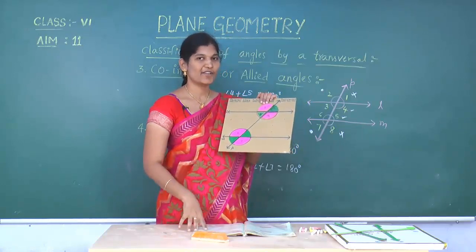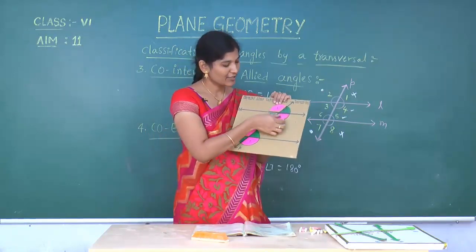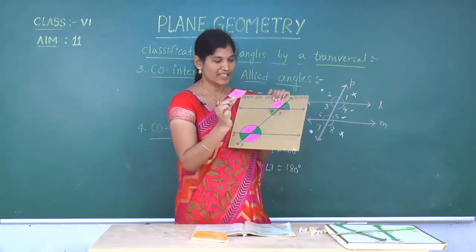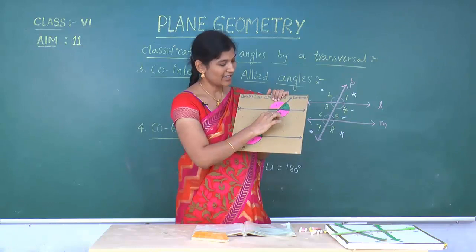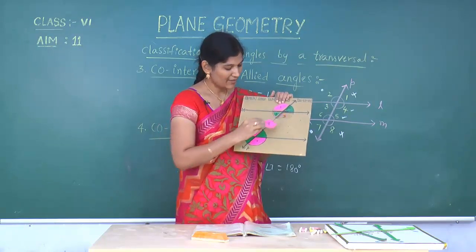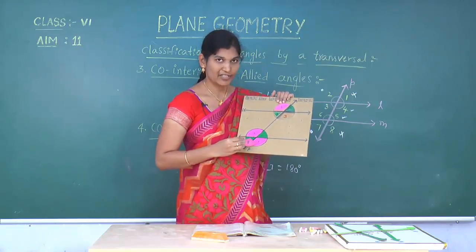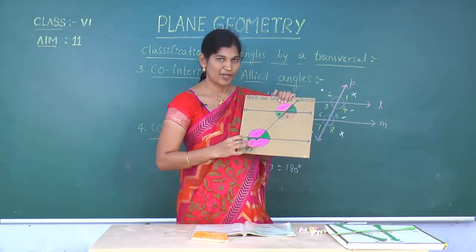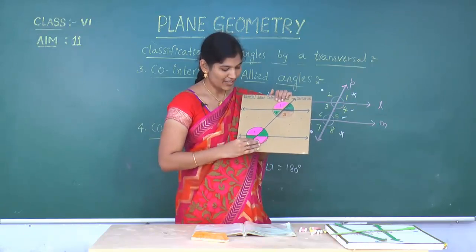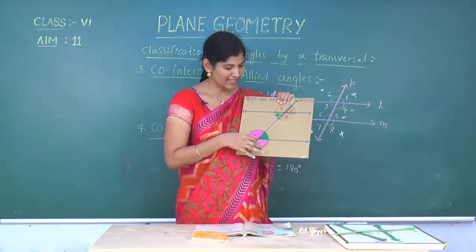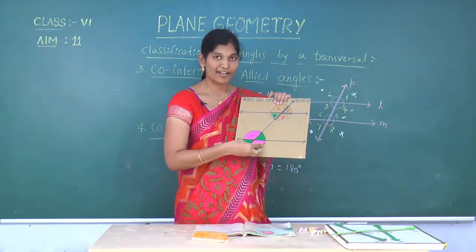One is interior and one is exterior. Now I would like to find the corresponding of this angle. See here, this is inside, and on the same side of the transversal, this is exterior, and this 3 and 7 are the corresponding angles. Let me check, are these two equal or not? Yes, these two are equal. So I can say corresponding angles are equal.